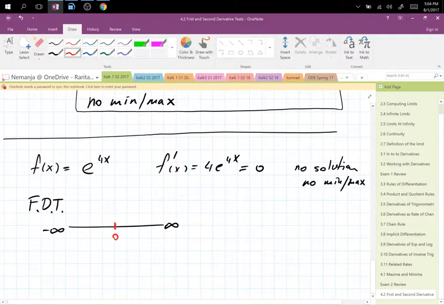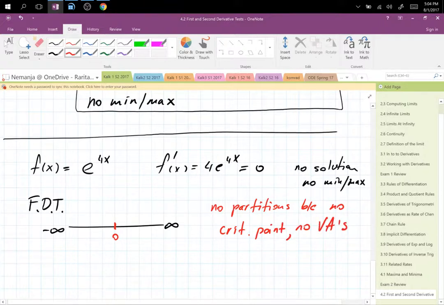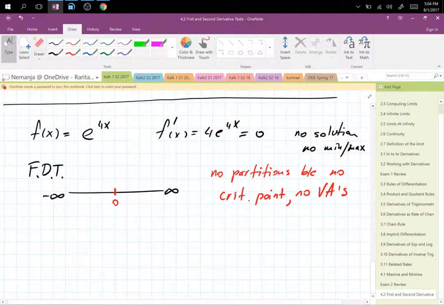So I'll write here, no partitions, because no critical points, no vertical asymptotes. So the whole thing is just one partition. The entire domain is one partition from negative infinity to positive infinity.